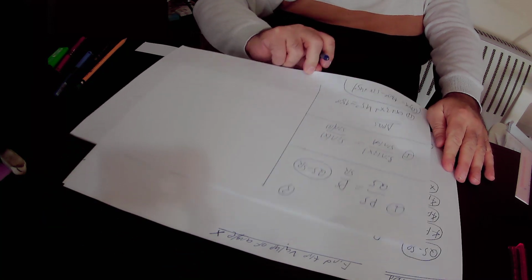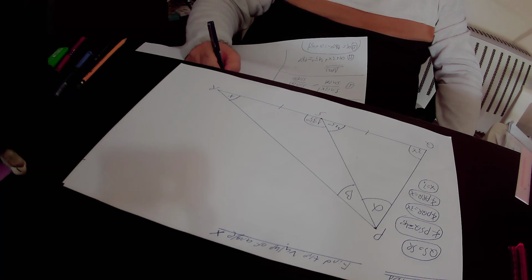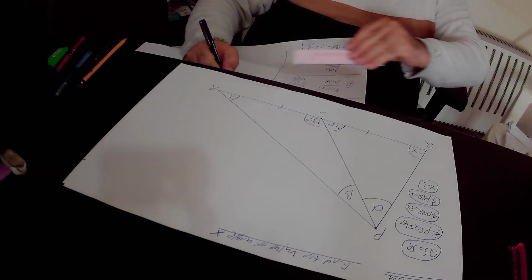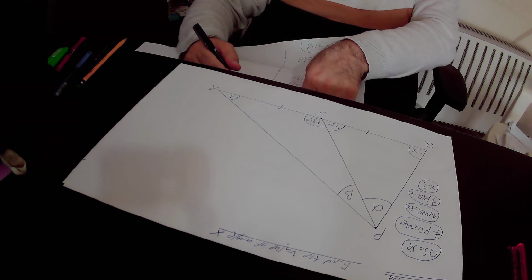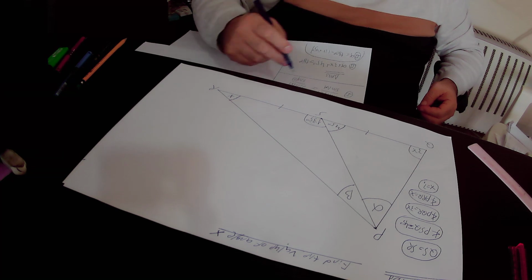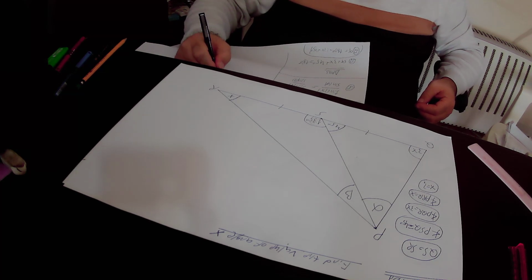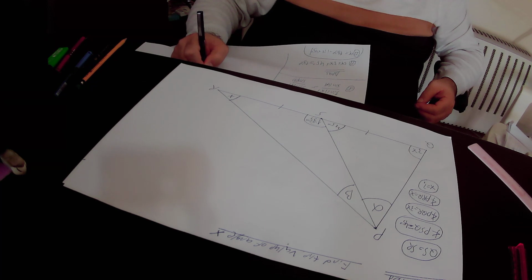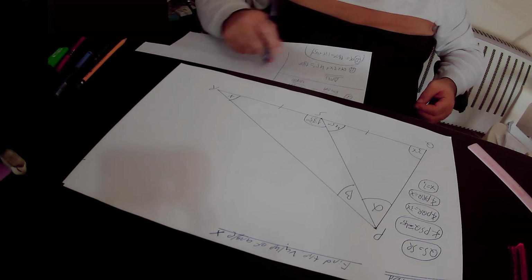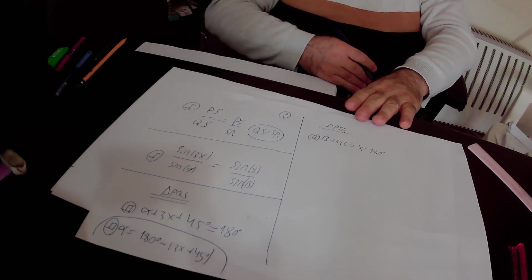Likewise, in triangle PSR, we know that the sum of the angles is equal to 180 degrees. That is to say, beta plus 135 degrees plus angle x must be equal to 180 degrees. I will repeat again. In triangle PSR, the sum of the angles is equal to 180 degrees.